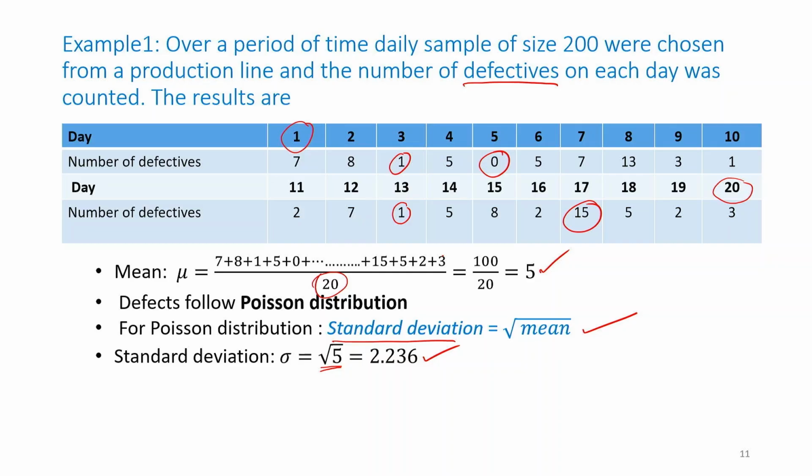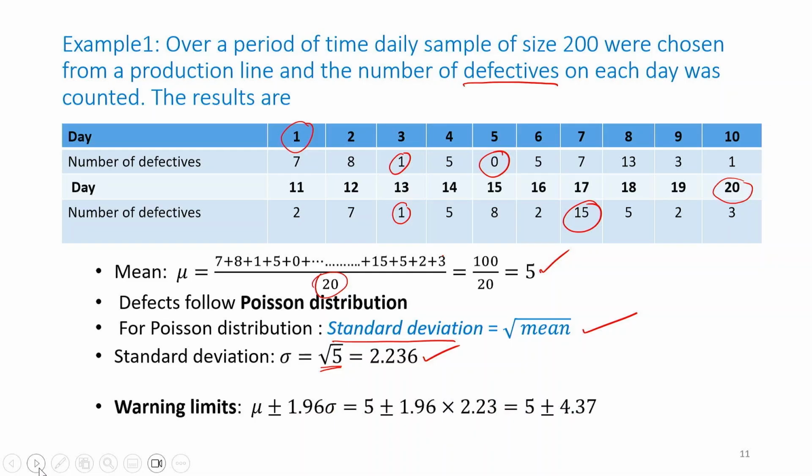Because we know it is a Poisson distribution, straight away we write standard deviation is root over mean, and therefore sigma is root over 5, 2.236. So I know what my sigma is. Once it is known, the rest of the steps are very simple. Warning limit is mu plus minus 1.96 sigma. So the mu value is 5, sigma value is 2.23.